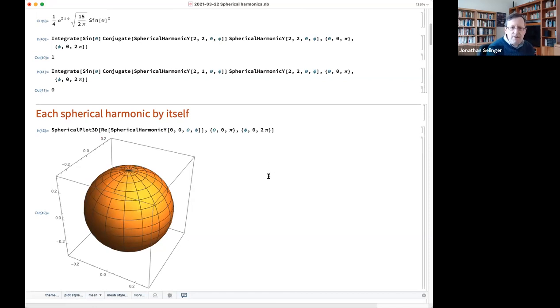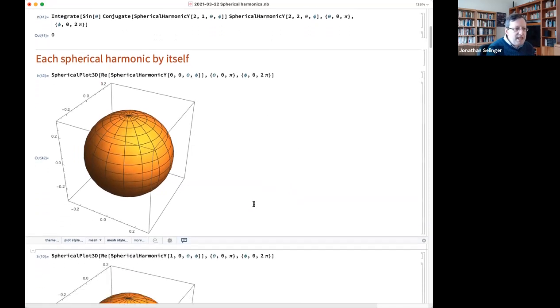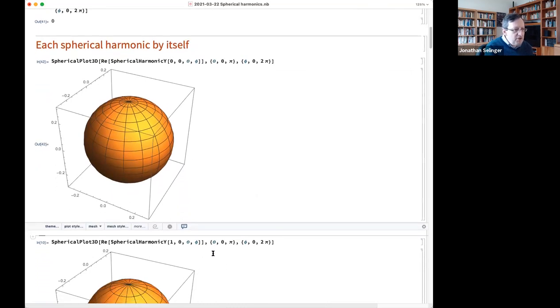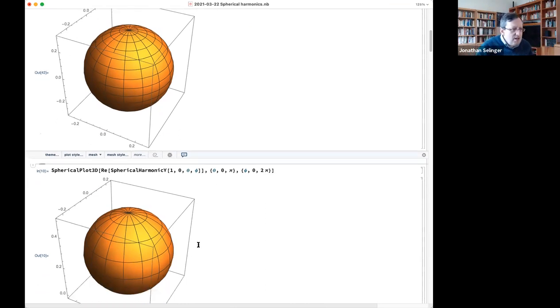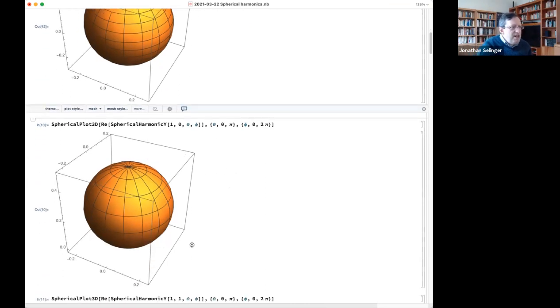All right, if I plot any of the L equals 1 spherical harmonics, those things are also spheres, but displaced in X or Y or Z. All right, and so here is a displaced sphere. You can see that its center is not at Z equals 0.